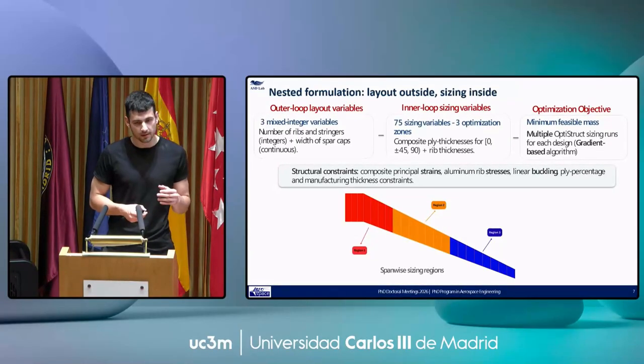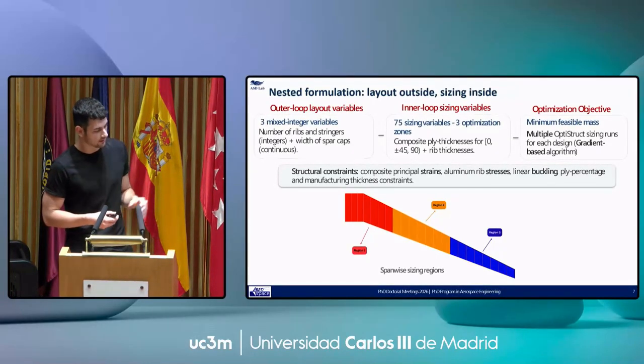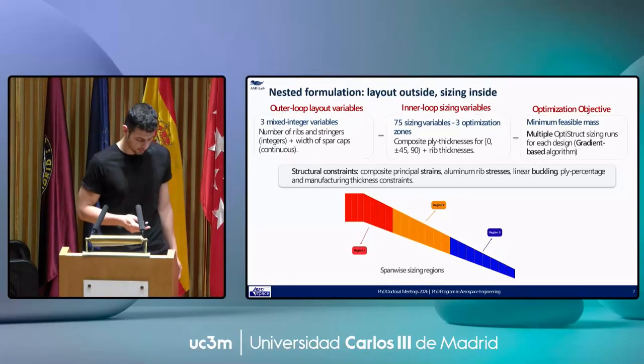Now, the objective is to find the minimum feasible mass, which is done through OptiStruct gradient-based optimization. And for this reason, we run multiple runs because we have the local minima problem. Now, the constraints are composite strains, aluminum stresses, buckling, and also some manufacturing constraints.